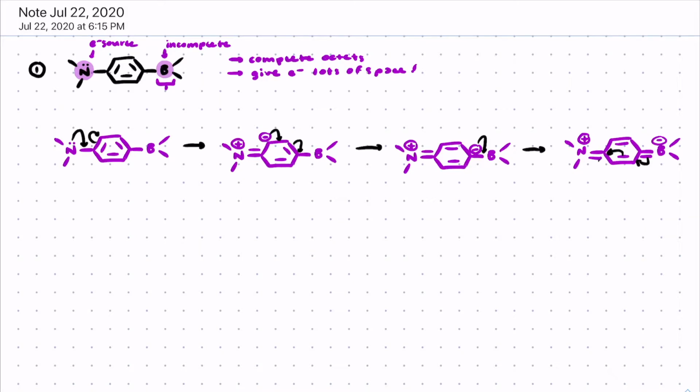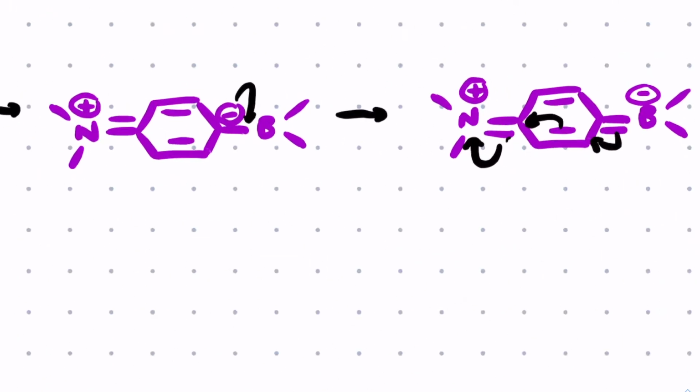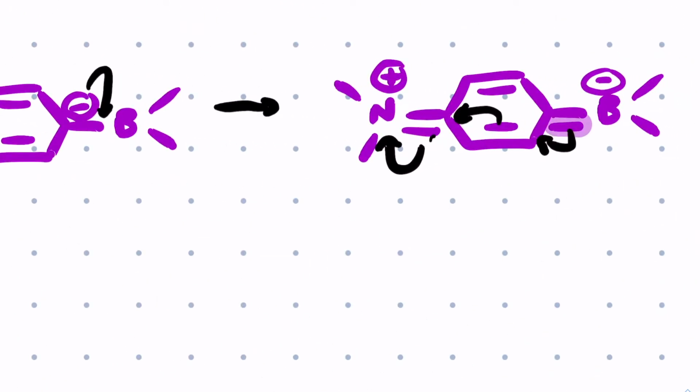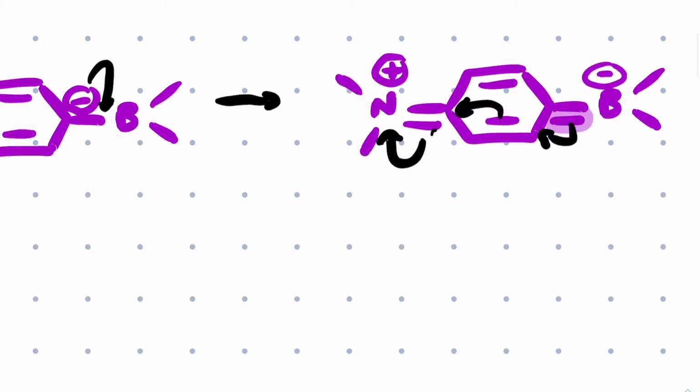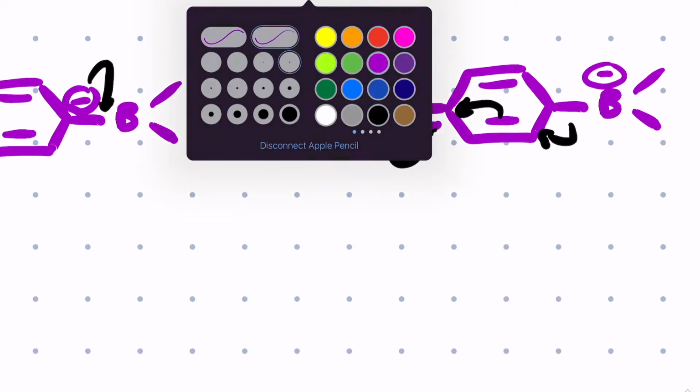But when you break this bond right here, you are uncompleting, if that makes sense, boron's octet. And so everything you do from this point forward is going to result in an incomplete octet on boron, and therefore is not going to end up being a contributing resonance structure.